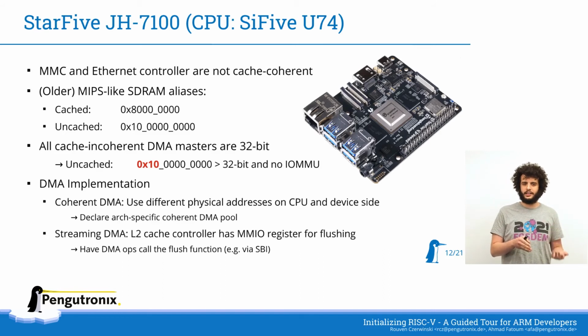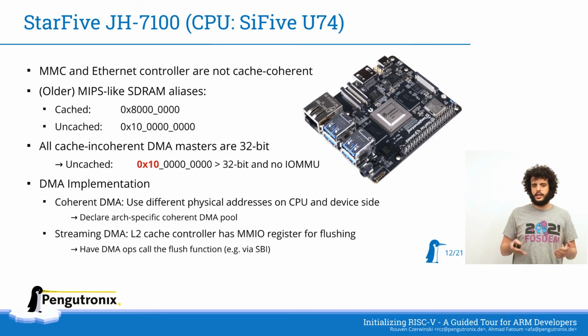One address via the uncached alias, which you use on the CPU side, and once you need to reference that address when talking with, for example, the Ethernet controller, you use the other alias, which if you dereferenced it from the CPU side would be cached, but when the device does it, it will be uncached. And that way you can declare your specific coherent DMA pool on top, and the Linux APIs for DMA already support that.